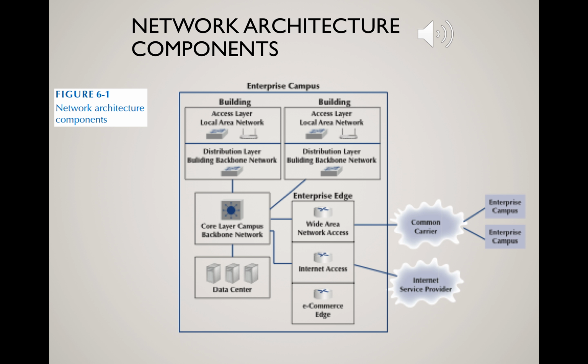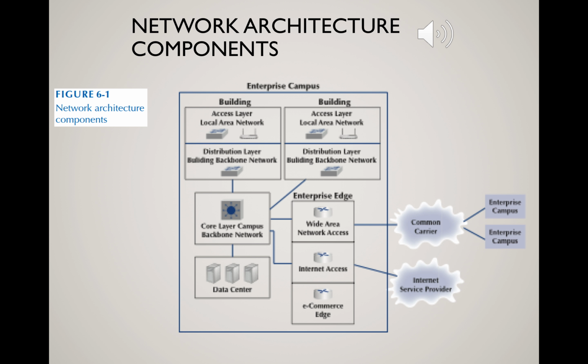The enterprise campus represents a distinct entity in the network, and I think that's a good way to look at it. So from the buildings on the enterprise campus, we might have an access layer, which is the layer that allows users and day-to-day workers access to the local area network.